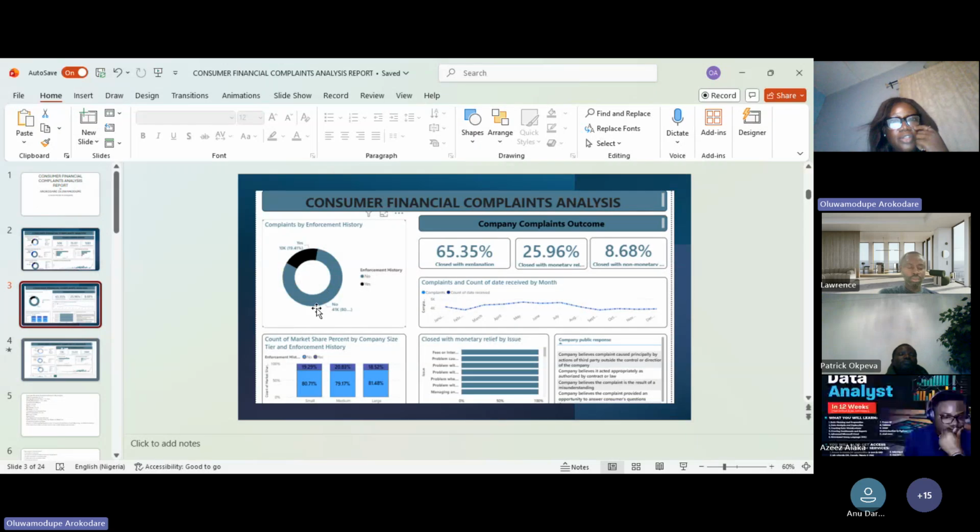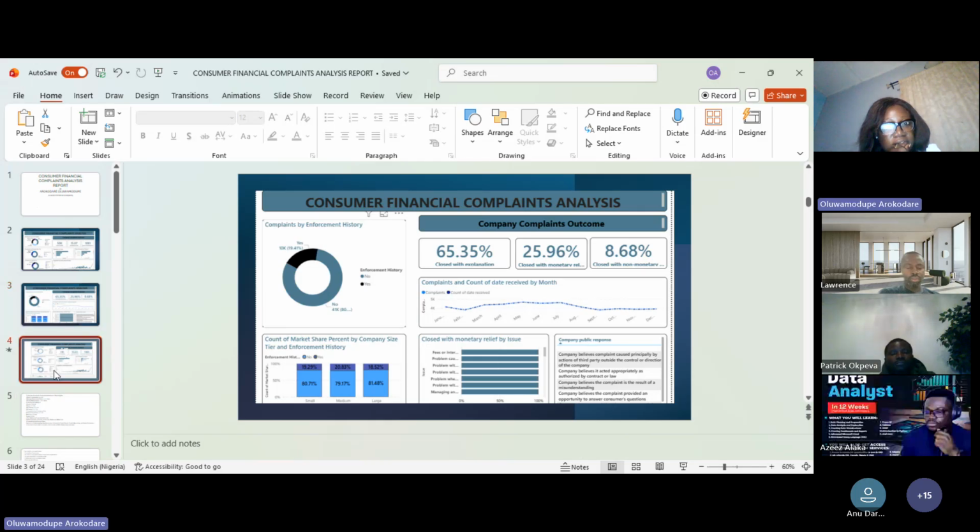Some with enforcement history, we have the highest percentage being no, which means you are not enforcing any complaint, or maybe you are not blaming any customer on the complaints they brought in. Then market share percent by company size. So this shows the small, the medium, and the large company, with the small company having the highest complaint volume.